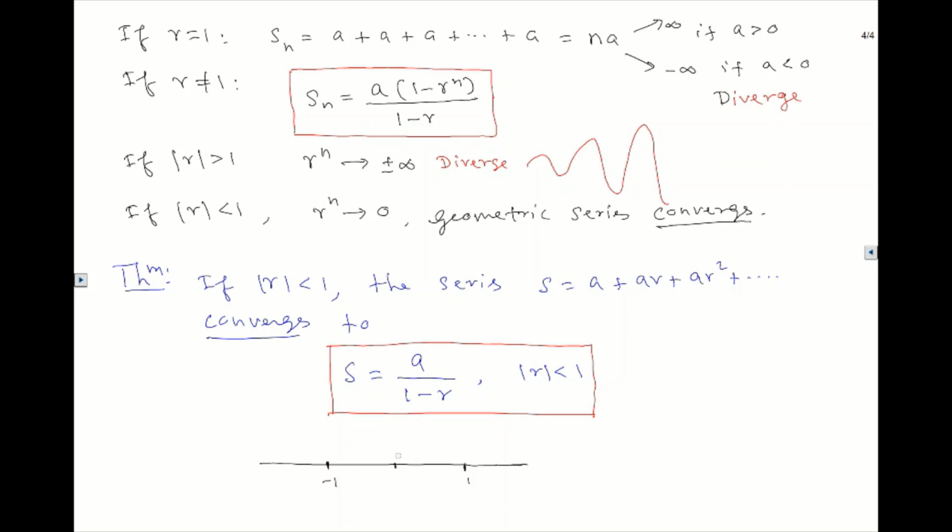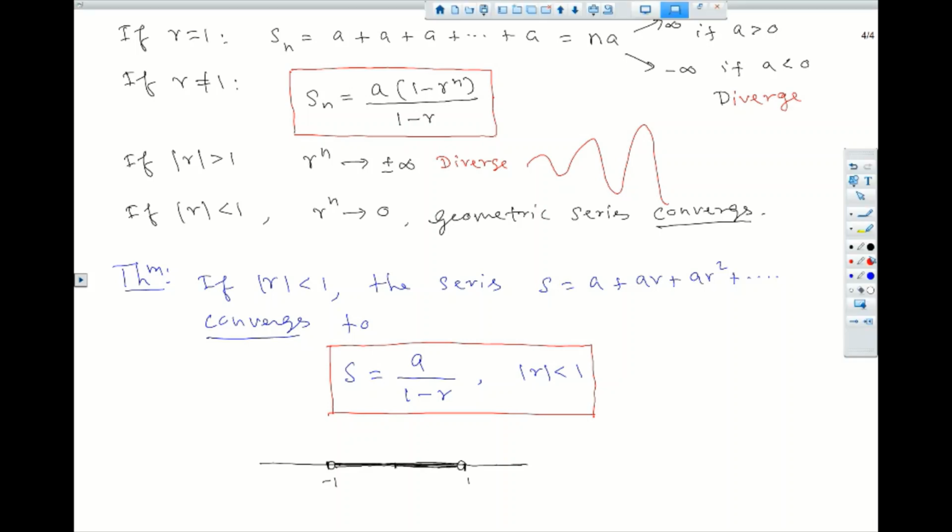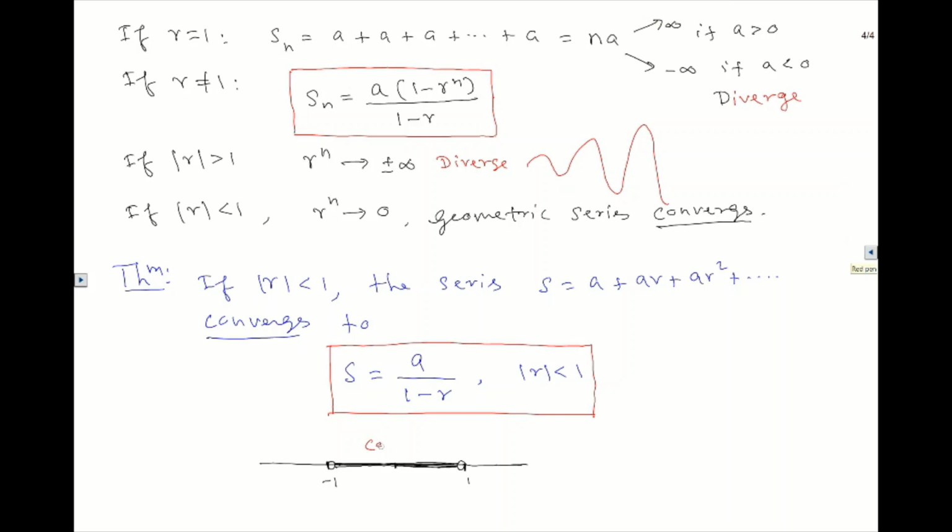If the absolute value of r is less than 1, that means it's between -1 and 1. If it is there, you can see it's going to converge. In this part, it's going to converge. Outside, it's going to diverge.